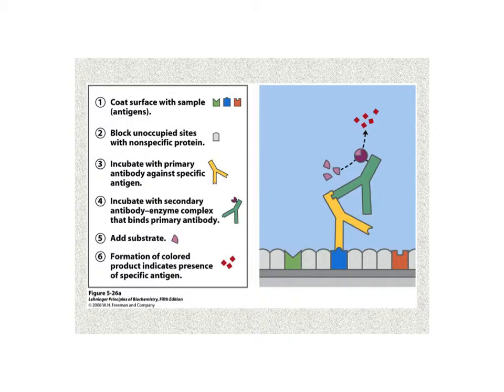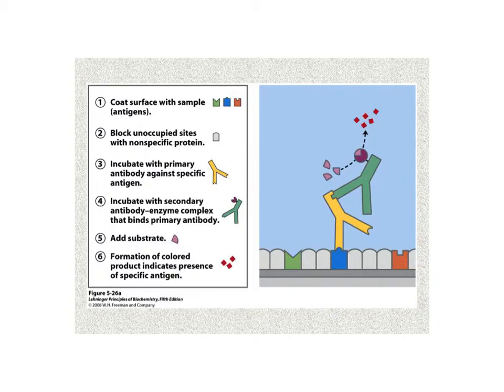So this is just an example of the way that ELISA would work. You have a well, usually, or some type of platform, but usually it's a well, and it's coated with a sample. So there's a whole variety of antigens on this well, and they just stay.